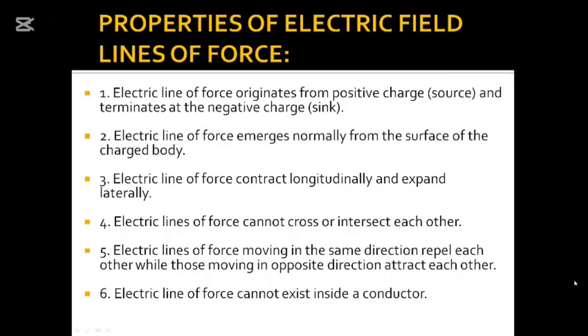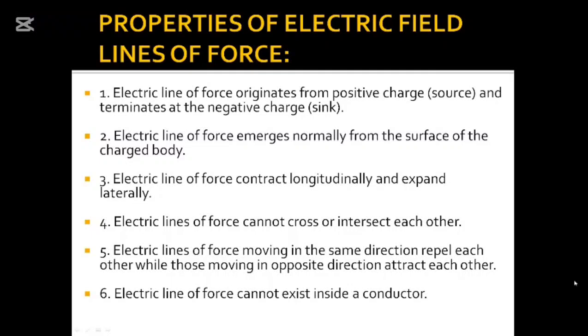Number five, electric lines of force moving in the same direction repel each other, while those moving in opposite directions attract each other. Please, I want you to note this. This is different from conductors carrying current. They are two different things.